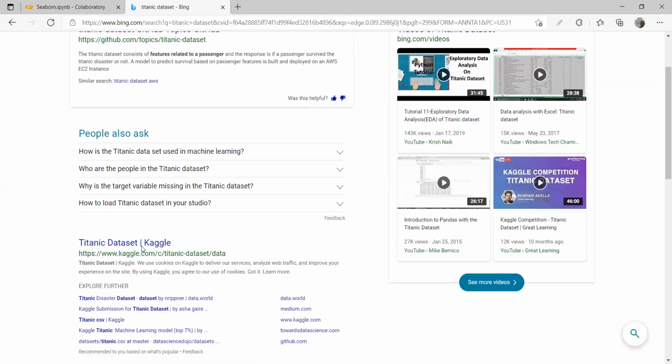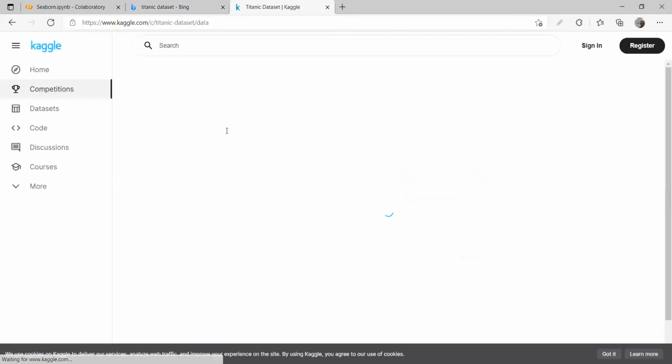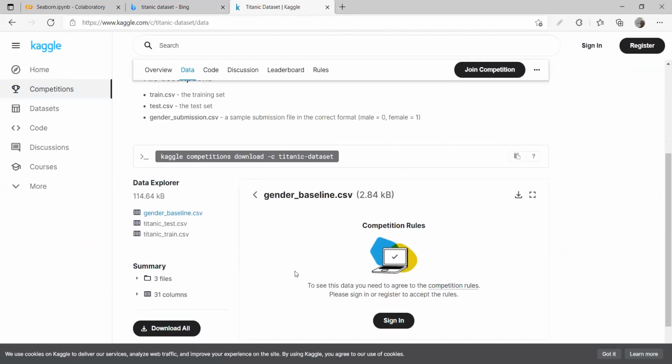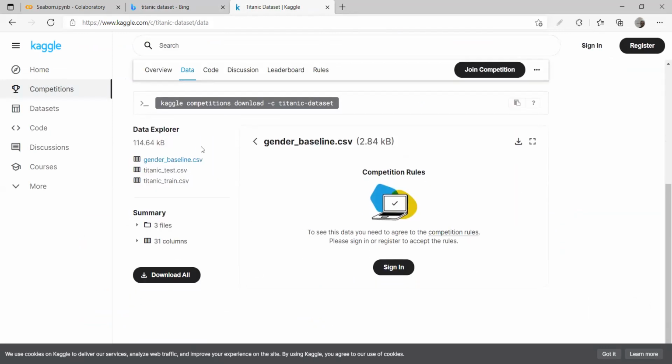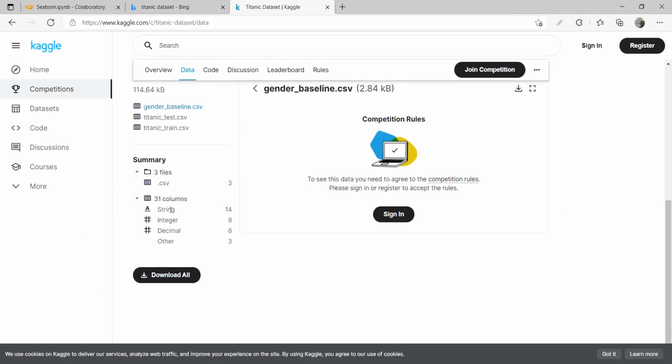From Titanic. Kaggle is a good source of data. So they have given some data, right? 3 files and 31 columns.